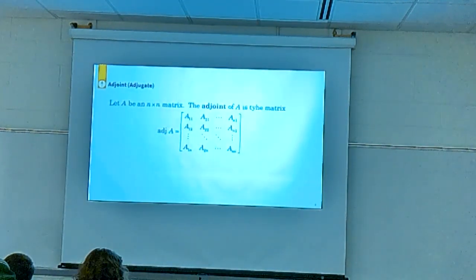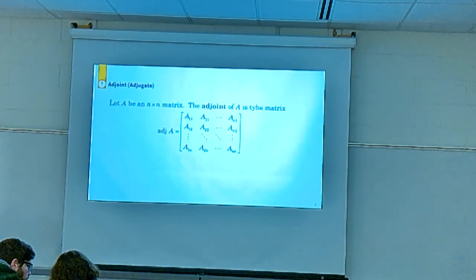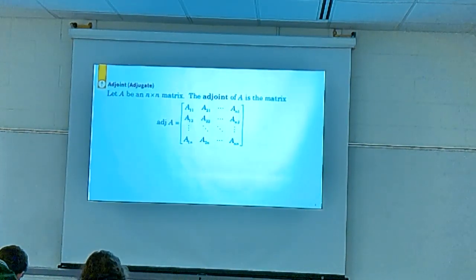The adjoint, or the adjugate, depending on the text. The adjoint is the matrix of cofactors.